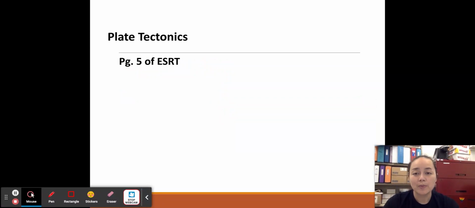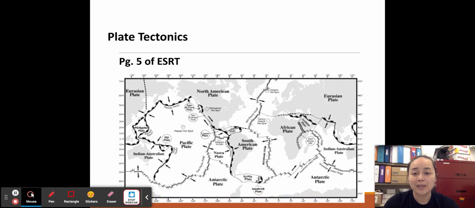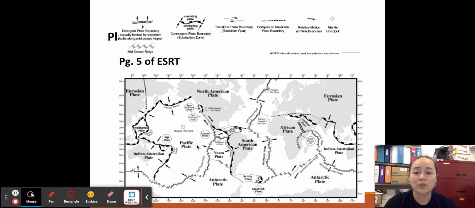Just to remind you that page 5 of your Earth Science reference table shows all of the different plates that the Earth is broken up into, as well as the different plate boundaries. If the plates are indicated by this type of double line and the arrows are moving away, that's a divergent plate boundary.